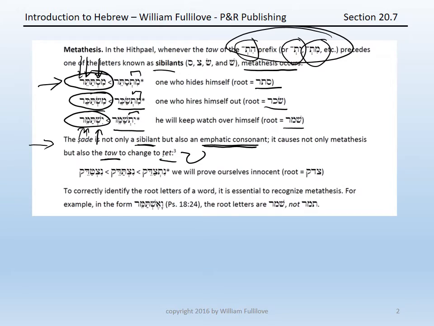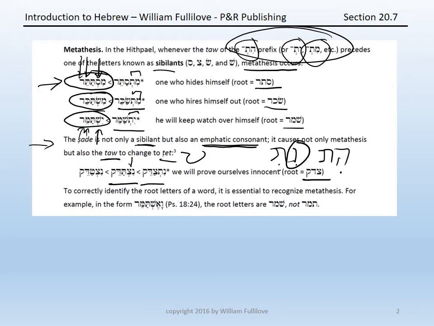So if you were to use the root tzadak, righteous, and were to add to the front of it nit, that being a hit pa'el imperfect prefix for the first common plural, hence the noon, which would replace the hey of the hit prefix, you would expect nit tzadek. But first, you have the metathesis, you have nitz tadek.